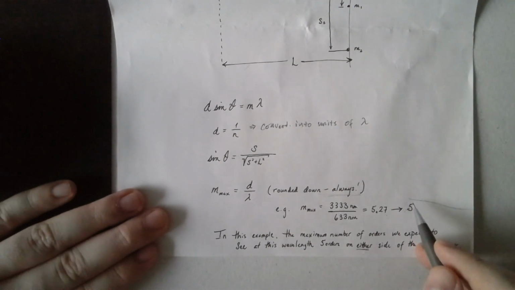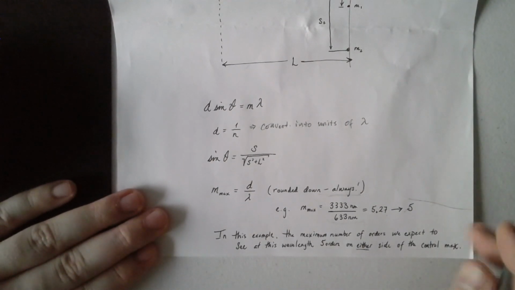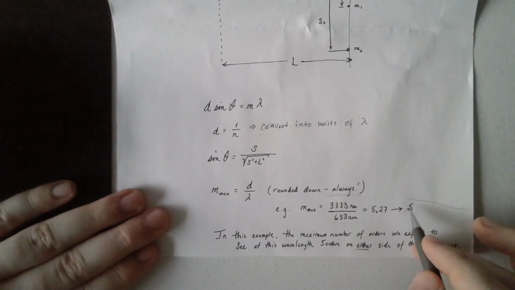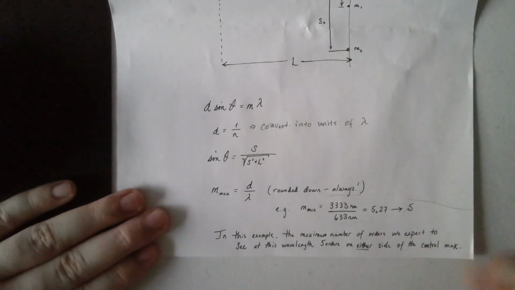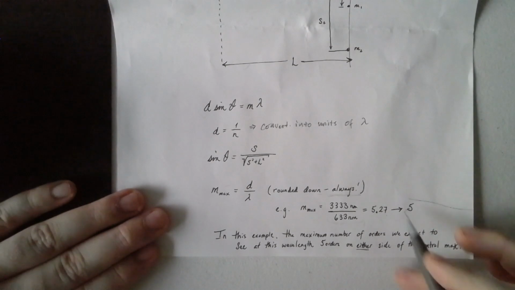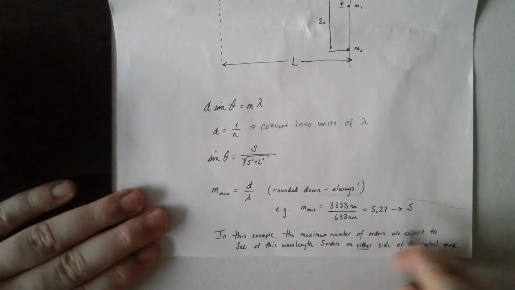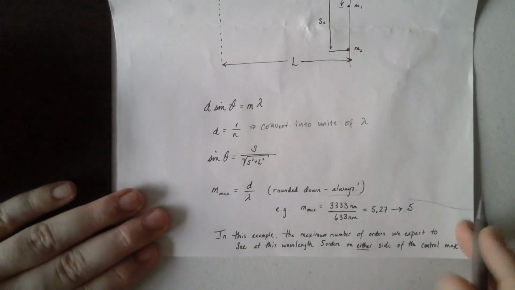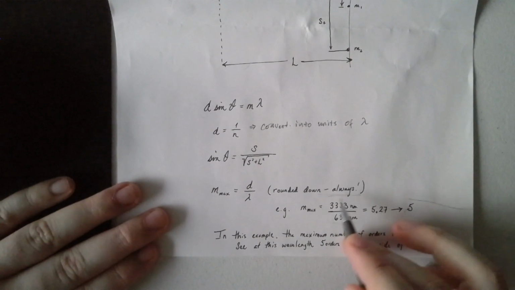The total number of maxima would just be the max order times 2 plus 1, just as an FYI. But in this case, we're just looking for max orders in both cases. And you only need to calculate this once since there's only one wavelength for each of these lights. You'll need to do it for the red and the green, sorry, but you'll need to do it once for each laser.